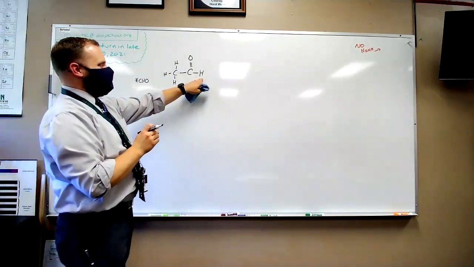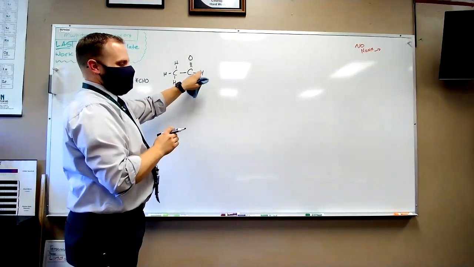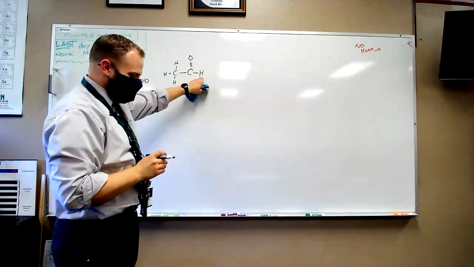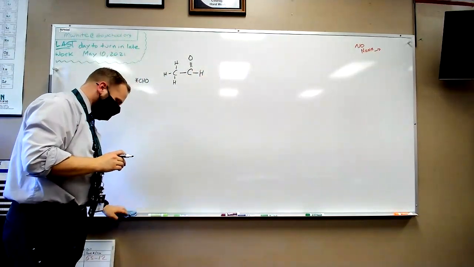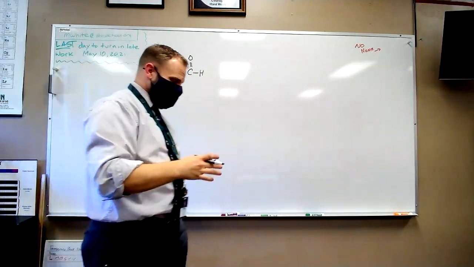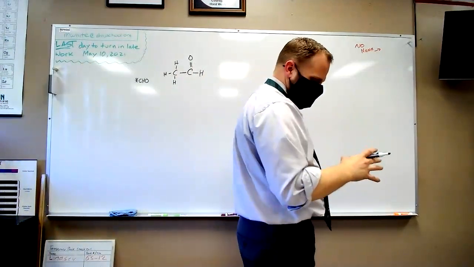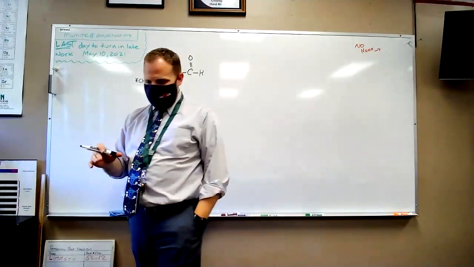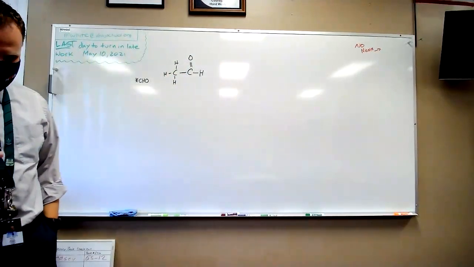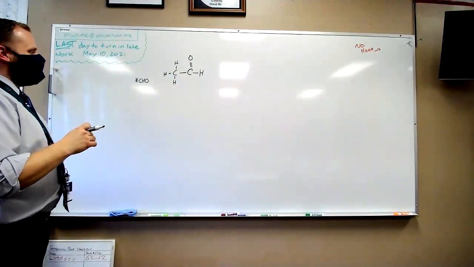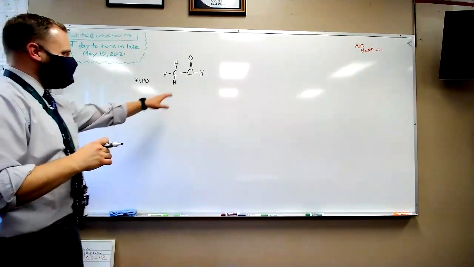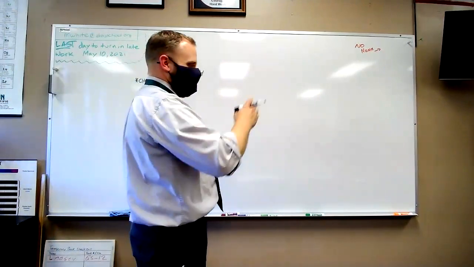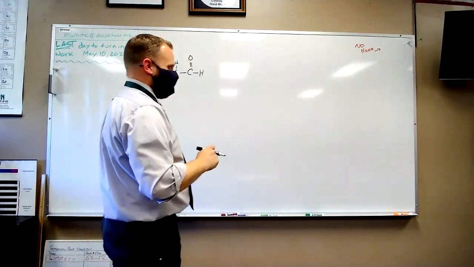Now we can't replace that hydrogen with a carbon. That hydrogen has to be there. And so that tells us that this functional group, the aldehyde, that's what this is, that carbonyl has to be at either end of our carbon chain.